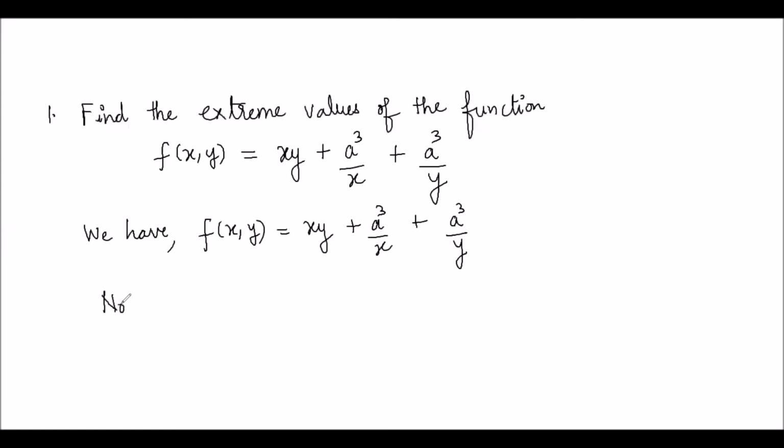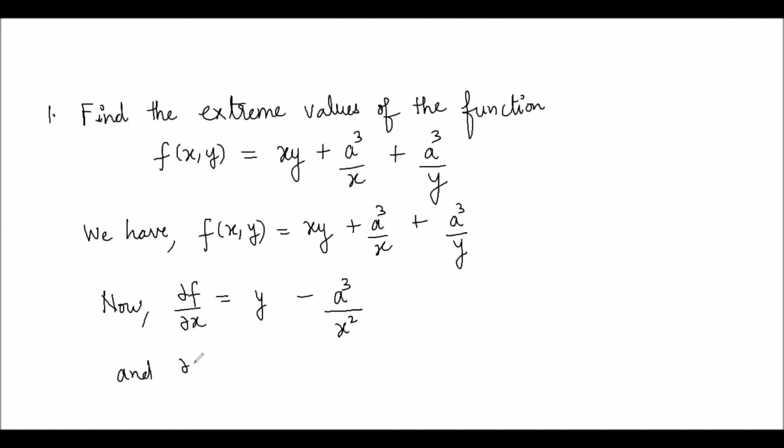Now let us evaluate the first order partial derivatives. Del f by del x: we are differentiating f partially with respect to x. We will get y, the second term will become minus a cube divided by x square, and from the last term we will get 0 because we don't have x in the last term.